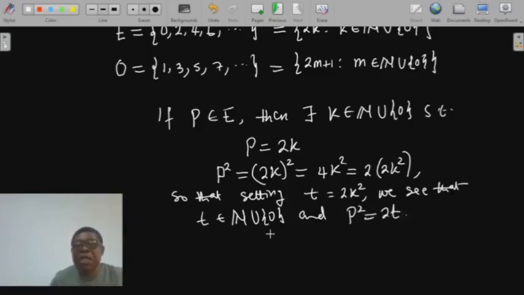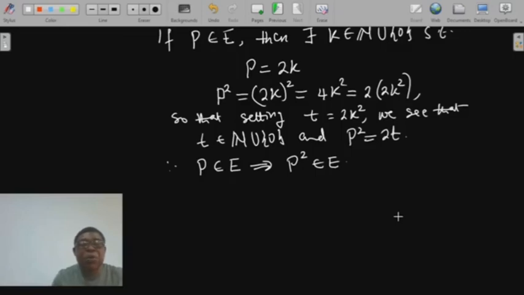This means that P squared is an even number. Therefore P, an even number, implies that P squared is also an even number. Whenever P is an even number, P squared is an even number.